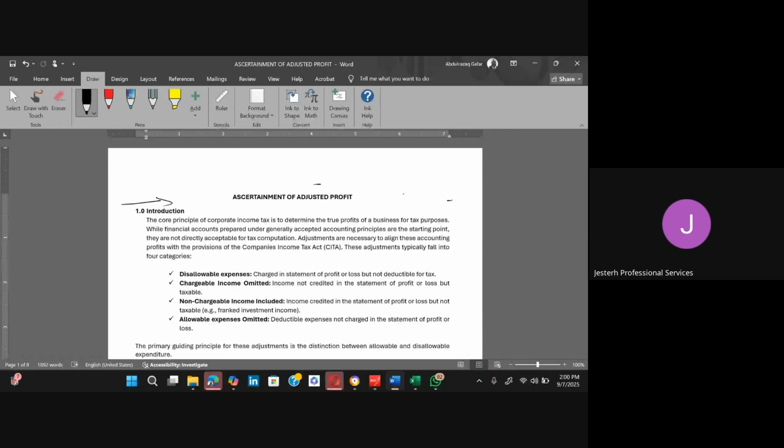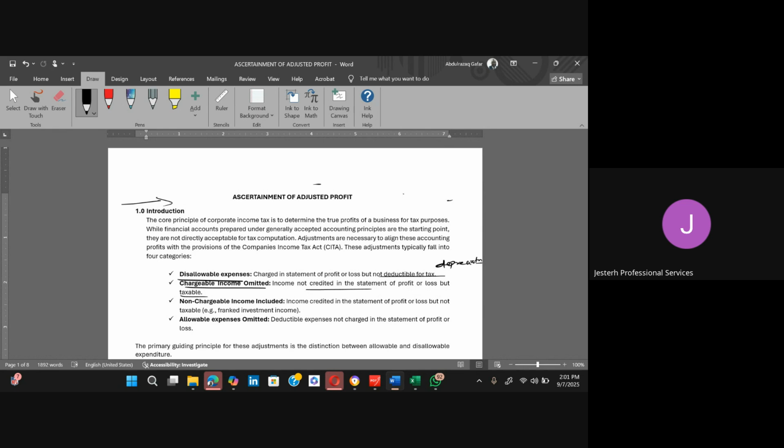So these adjustments are basically four categories. We have the disallowable expenses. The disallowable expenses are charged in the profit or loss, right? But not deductible for tax purposes. One of them is depreciation. Then we also have chargeable income omitted. This relates to income not credited in the statement of profit or loss, but which is taxable.